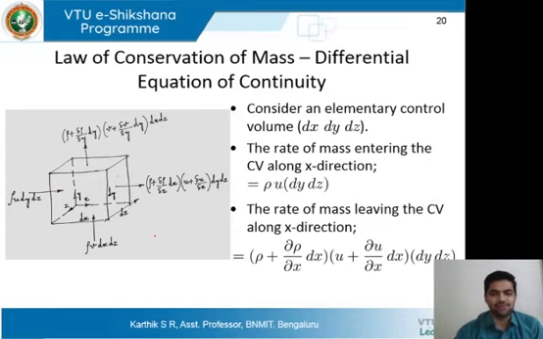Now the rate of mass entering the control volume along the x direction is given by rho u dy dz.